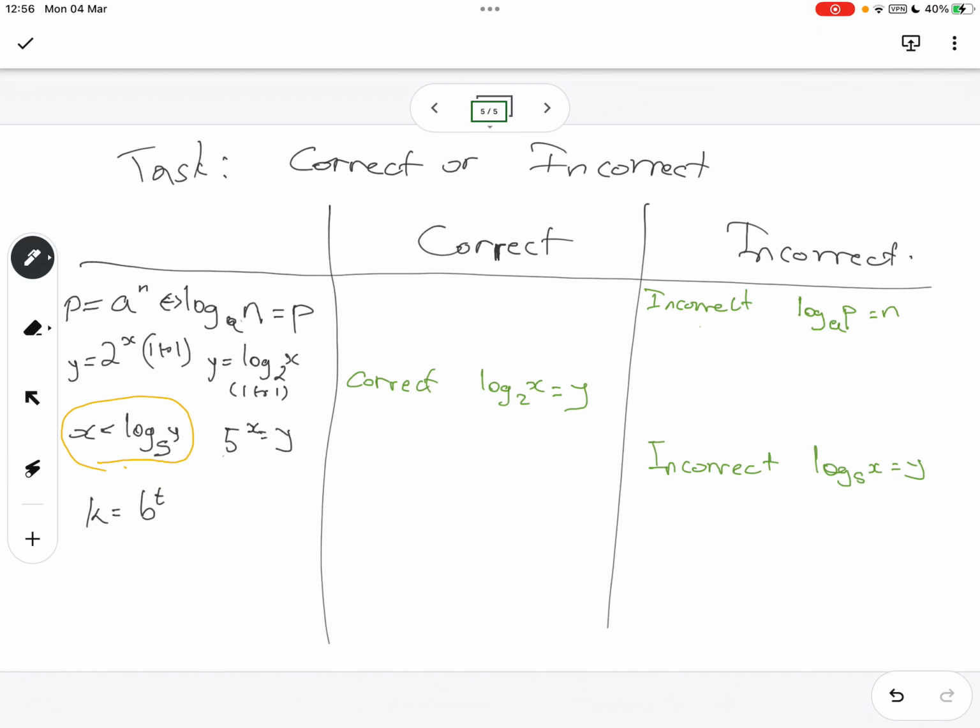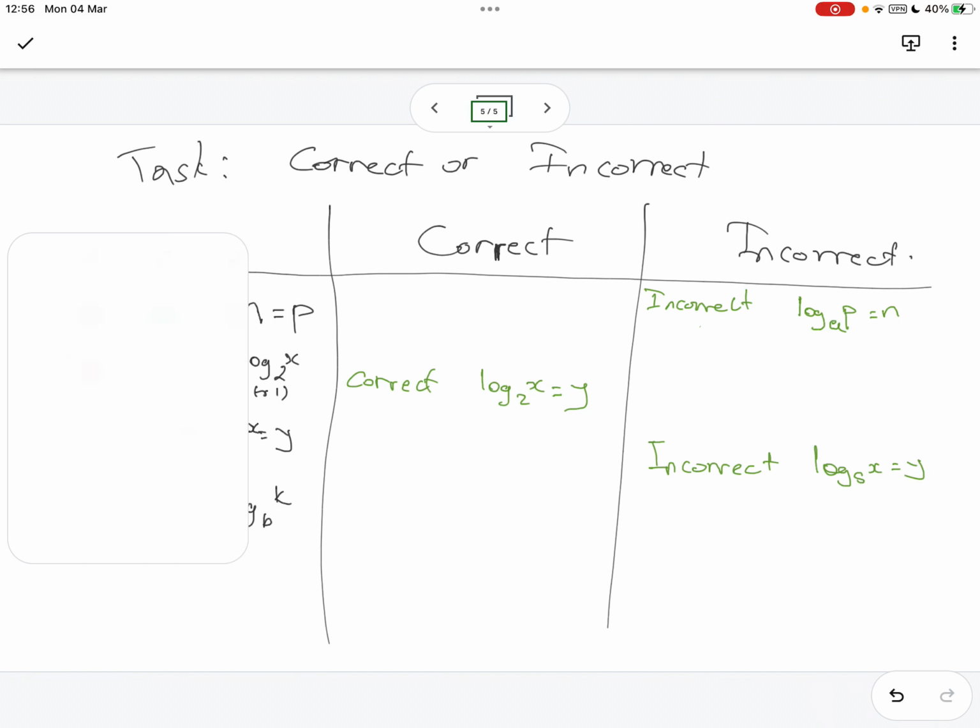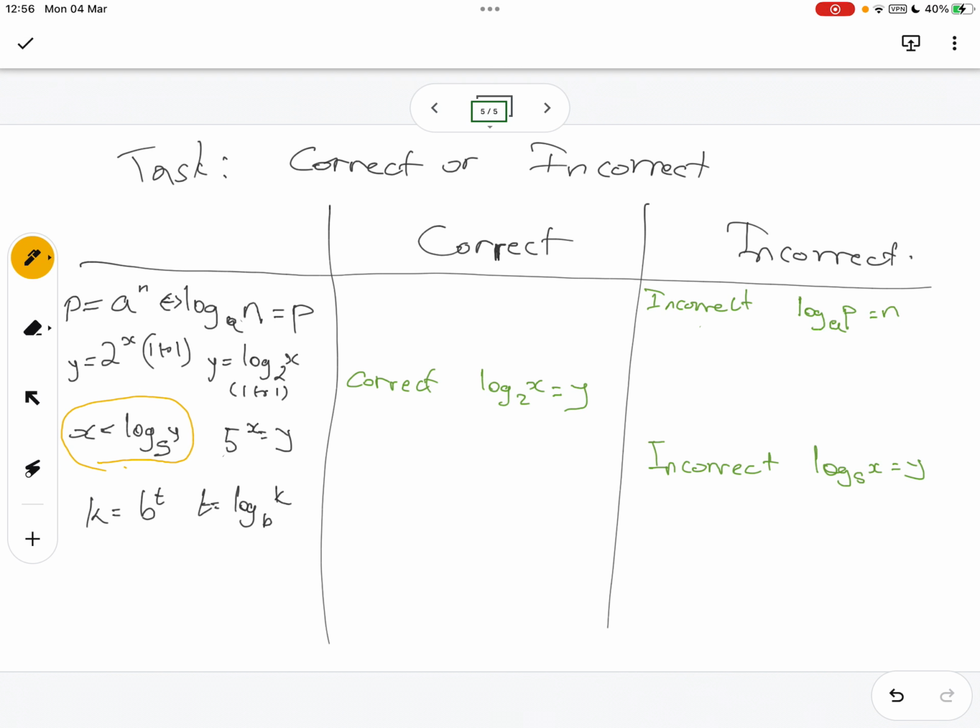Then the last one, k equals b to the power t. And we must prove whether or not t equals log of k to base b is its inverse. So how do we find the inverse? We swap x and y. So we'll have t equals b to the power k.